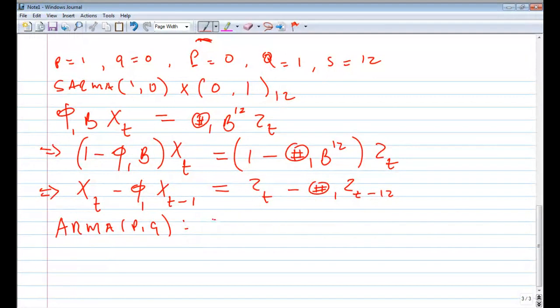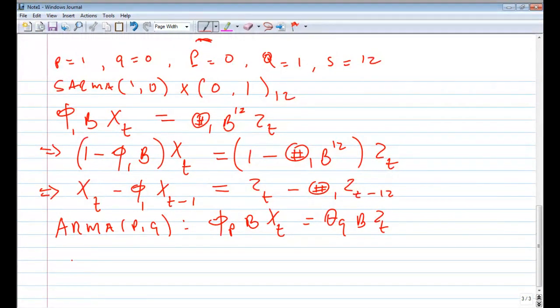It's given by phi p B xt, which is equal to theta q B Zt. This is the ARMA process. So now, from this process, if we just assume that it's not stationary, we have to add another part called differencing.